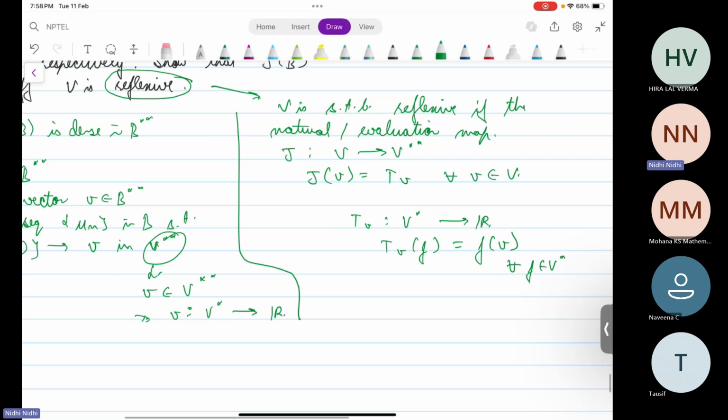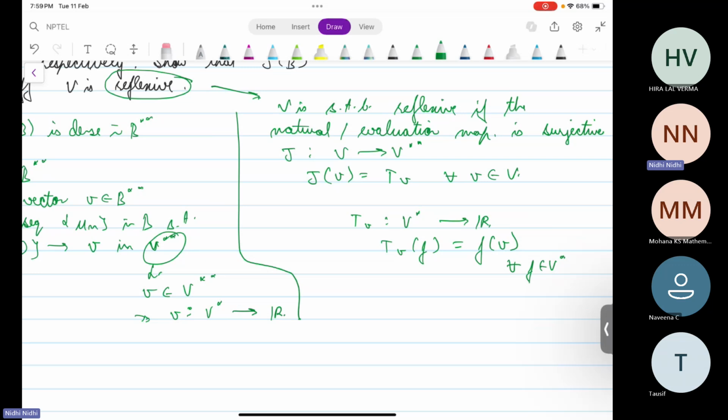If this natural map is surjective, then we say the vector space V is reflexive. That means for any linear functional in V star star, there exists some vector V in V such that this functional equals TV.